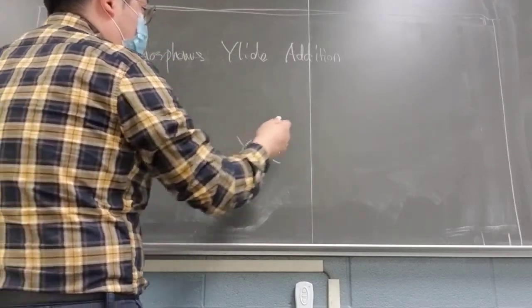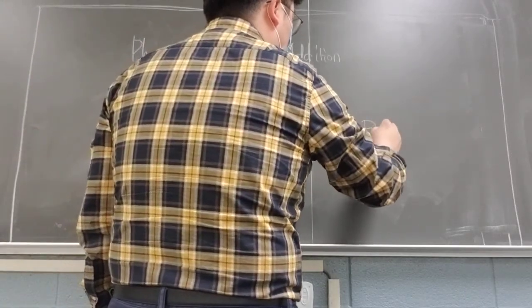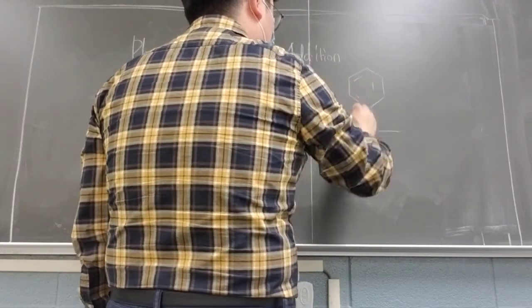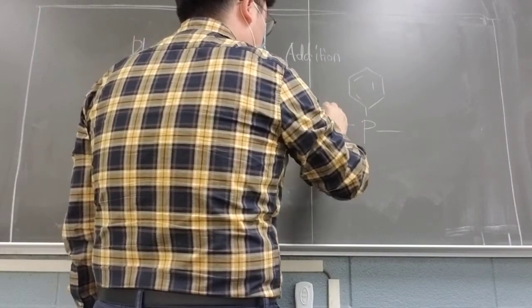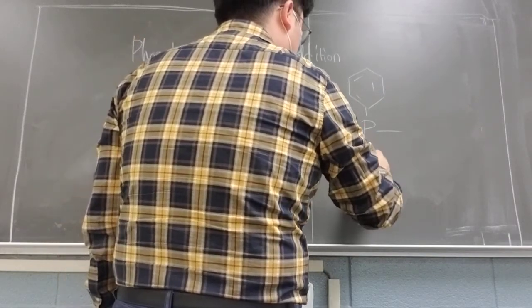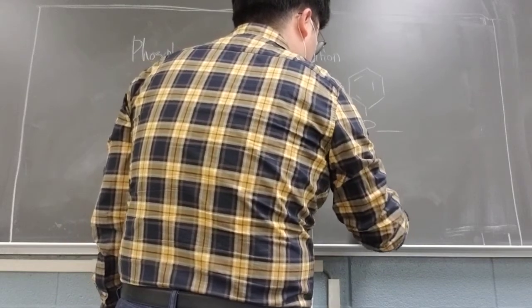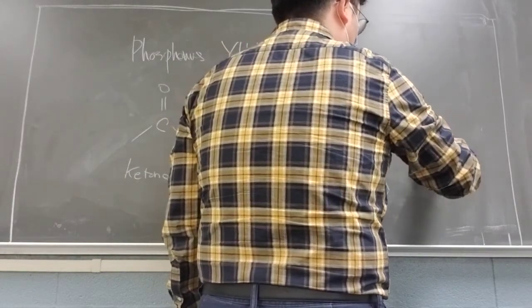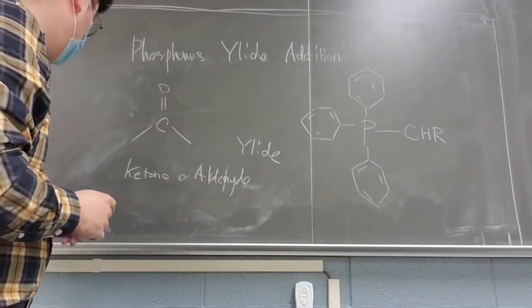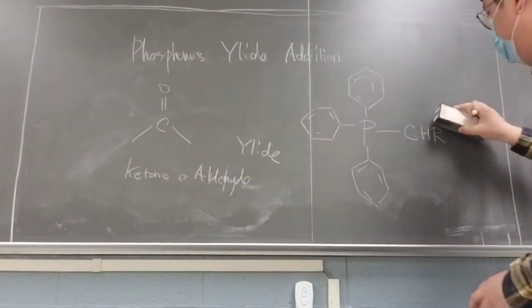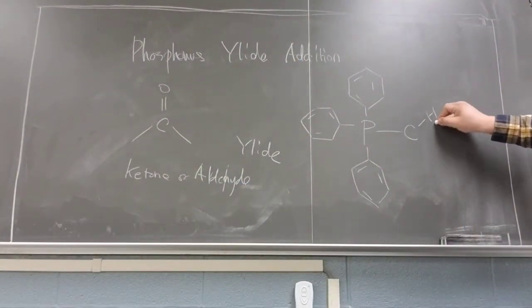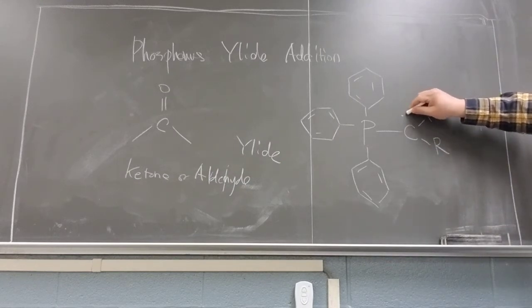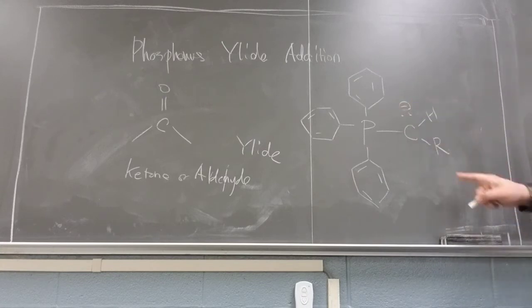It looks like this. So that looks like phosphorus here, and the phenyl groups. That's the phosphorus over here, and there's some carbon with R groups. So what I mean by that is it has maybe this form, and then most importantly, it has a negative charge on this carbon here.